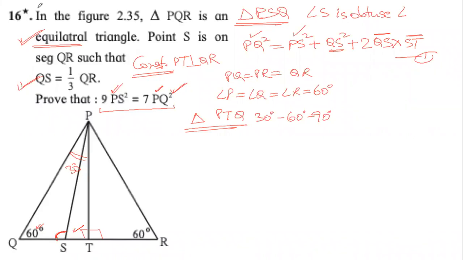If this is a 30, 60, 90 triangle, then clearly the side QT will be half of the hypotenuse, which is PQ. Agreed?